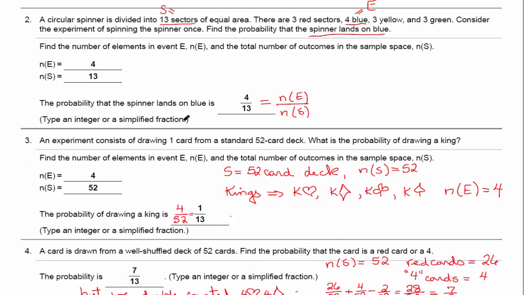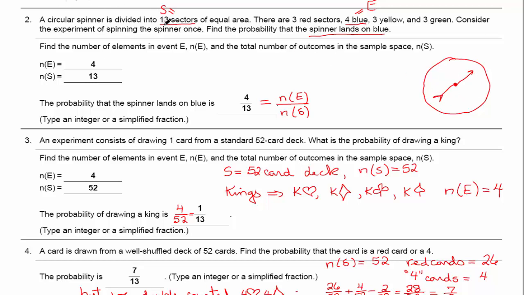In question 2, we have a circular spinner. So essentially, I've got one of these circle things. I've got a little nail in the middle, and then I've got one of these spinners that you can hit and it spins around in a circle.